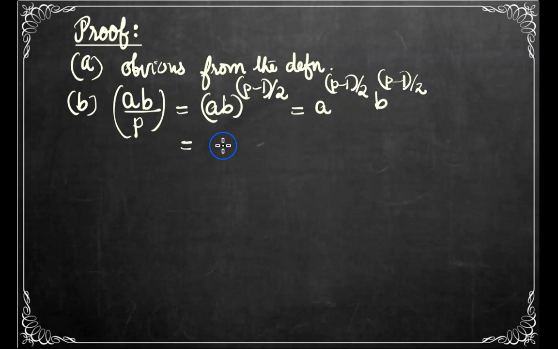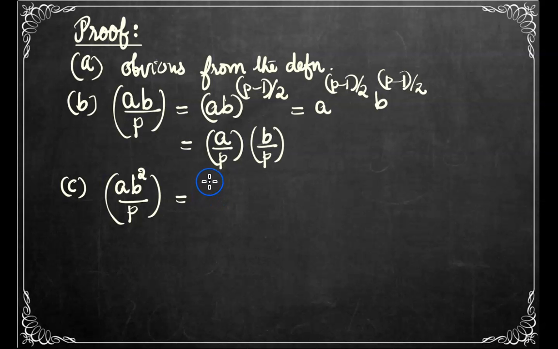Again, by applying the previous proposition, we can write a^((p-1)/2) as the Legendre symbol (a/p). Similarly, b^((p-1)/2) is equal to the Legendre symbol (b/p).